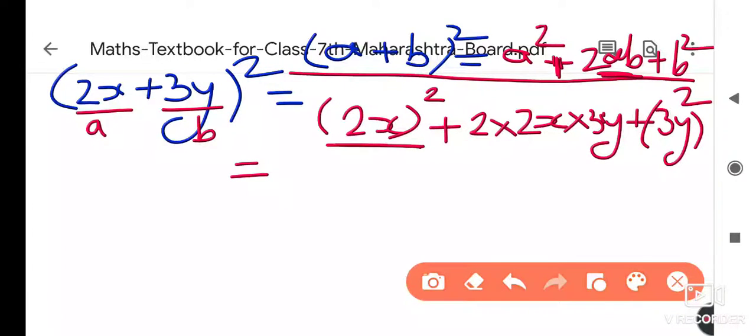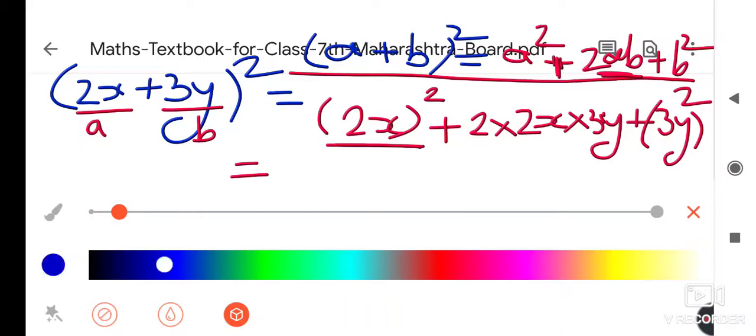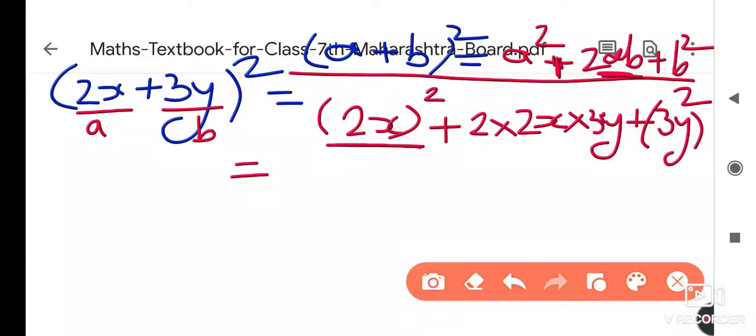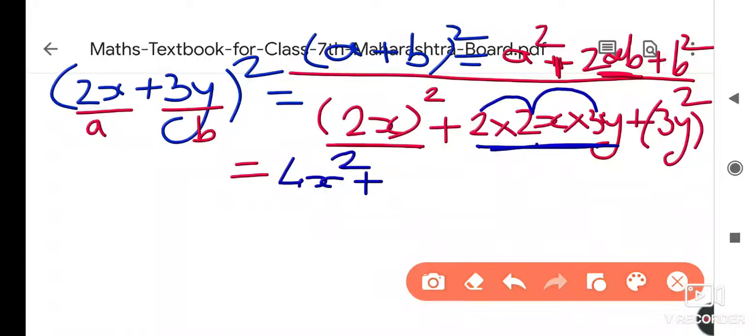So let's solve the example. 2x whole square means 2 square is 4 and x square is x square. Plus we have to solve the middle term now, 2ab's value. 2 2s are 4 and 4 3s are 12, and x into y is xy. Do you all understand how we solved it?